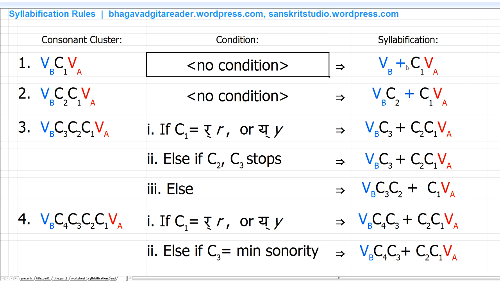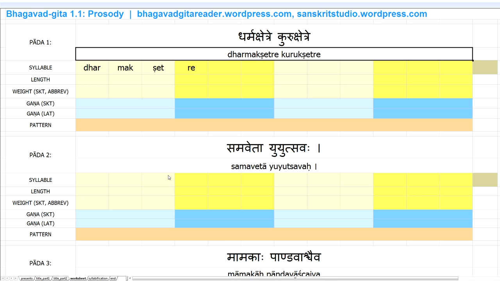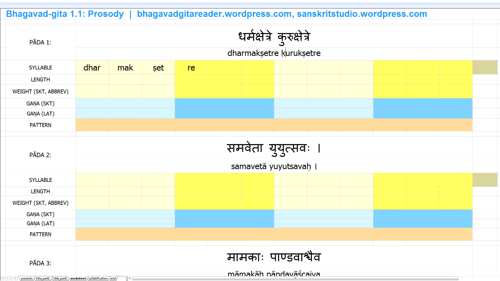It's always the case that the consonant goes to the right to team up with the vowel to its right, and the vowel to the left will get nothing to the right of it, so to speak. So when we go back to the worksheet, we are at ku, and the r here will go to the right.